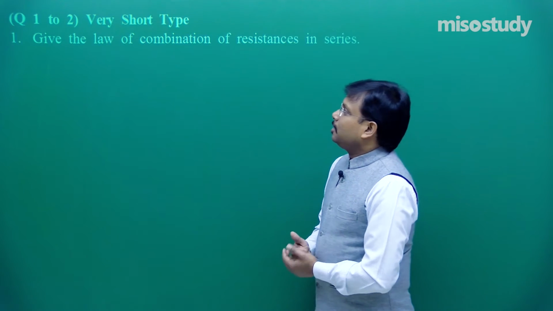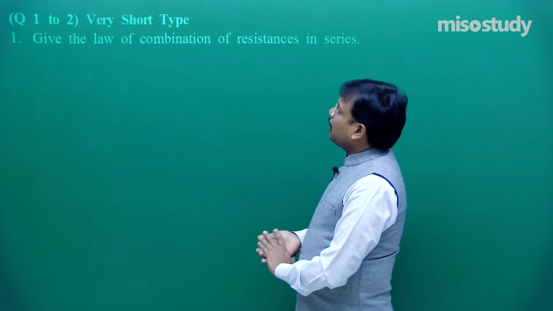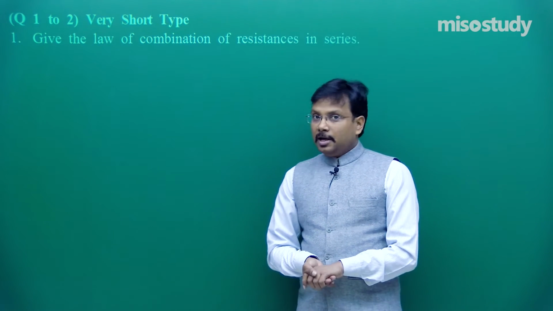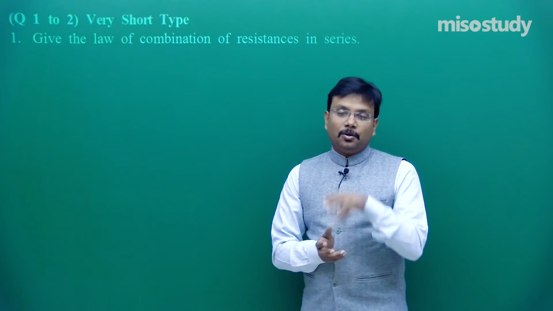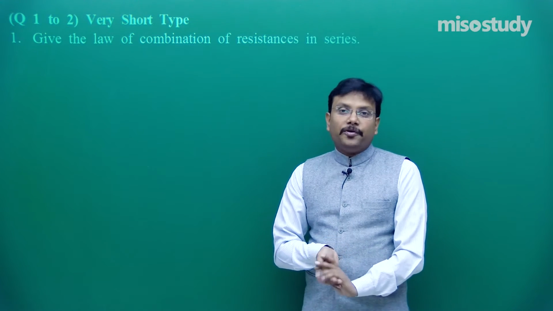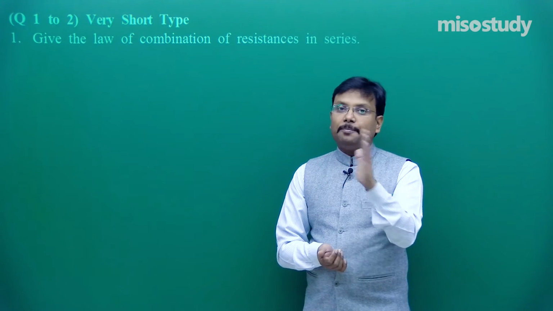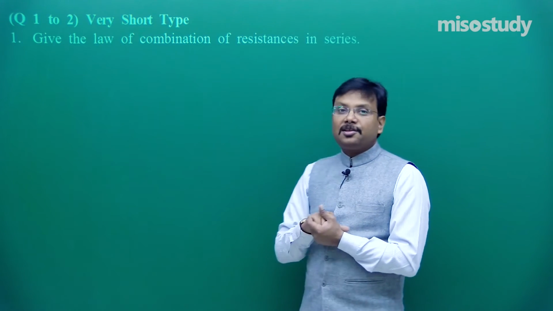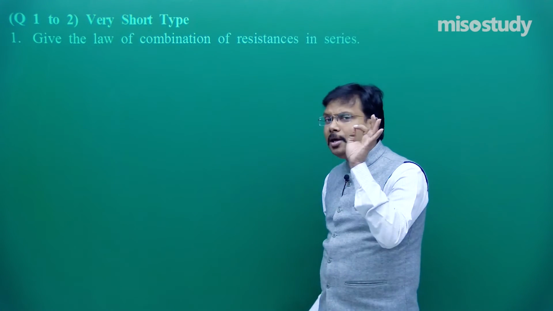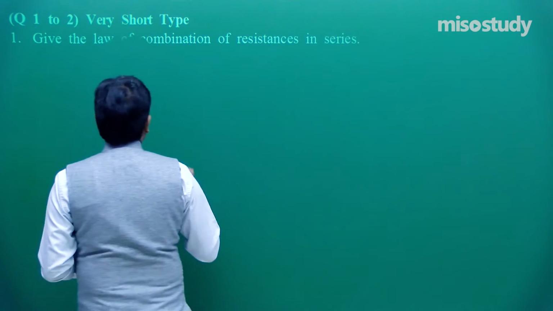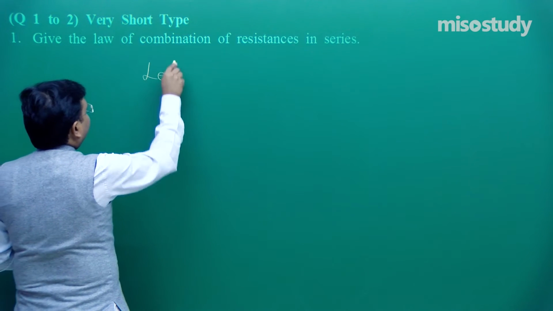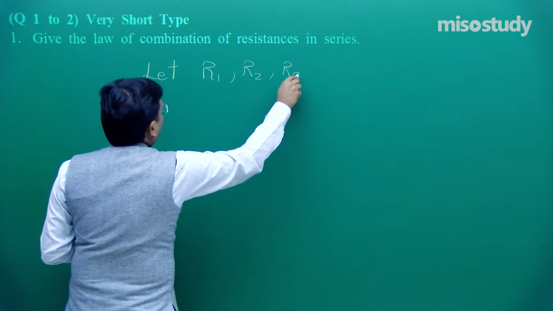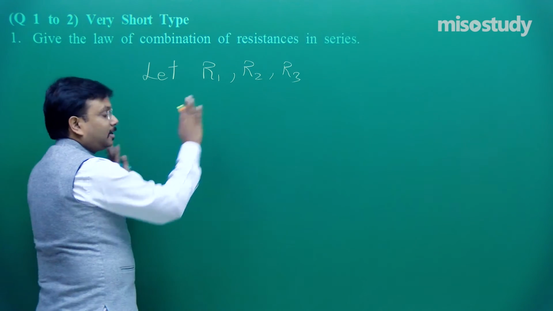Fine. So, first is: give the law of combination of resistances in series. Now, if you try to recall our videos, I devoted 2 videos specifically to series and parallel combination. Fine. So, here, the law of combination of resistances in series. So, simply you have to write down, let R1, R2, R3, 3 resistances be connected in series.